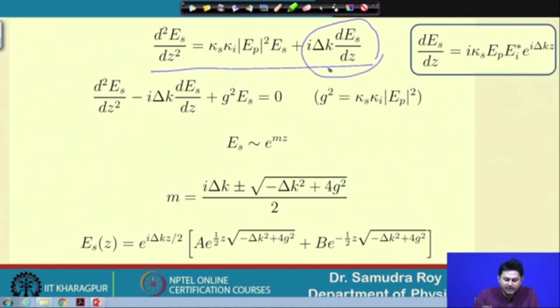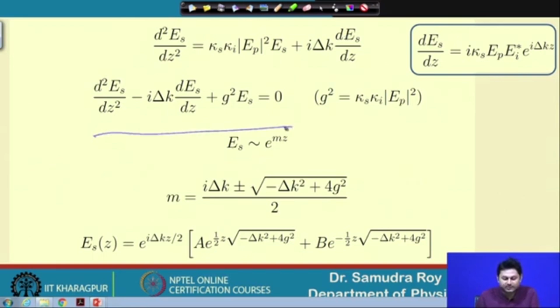It was not there when delta k equals 0, where we have a simple second order differential equation which we can solve very easily. Here we will have an extra first order derivative term, but even with the first derivative term there is no problem, we can still solve this. This is the expression that we have right now.